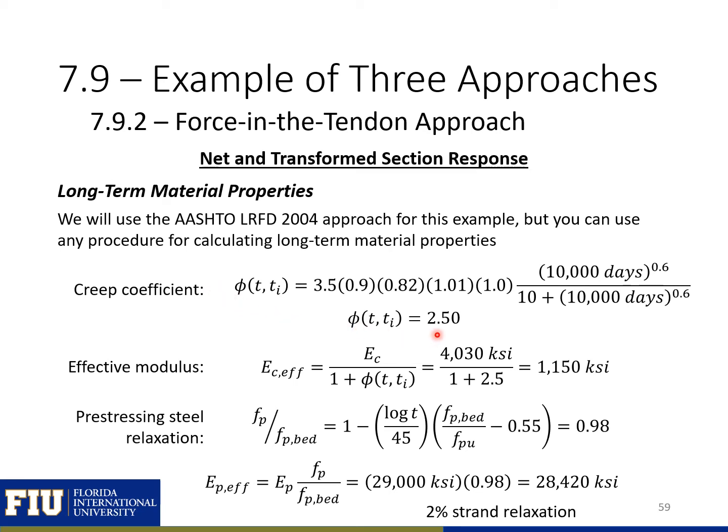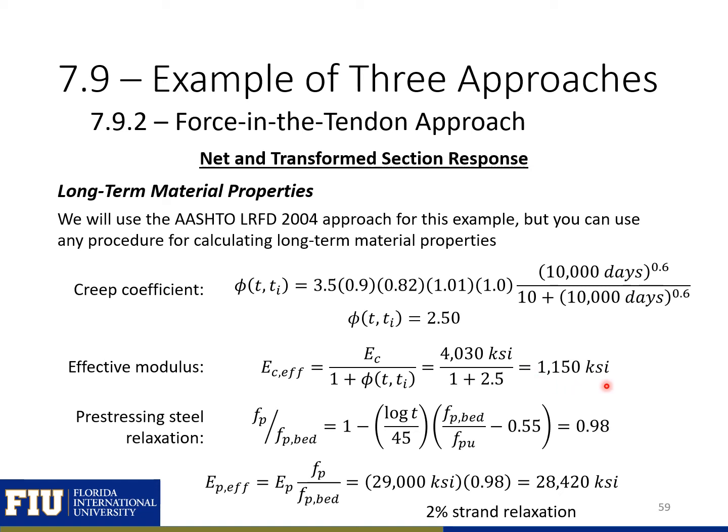With this creep coefficient, we need to calculate our effective modulus. And our effective modulus is just going to be our modulus of elasticity for our concrete divided by 1 plus our creep coefficient. So 4030 ksi divided by 1 plus 2.5 will give us an effective modulus here of 1150 ksi.